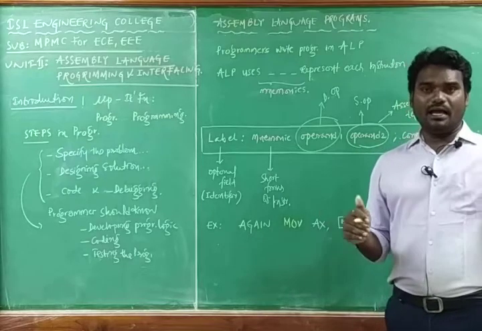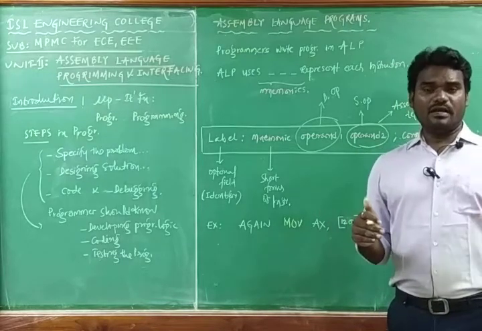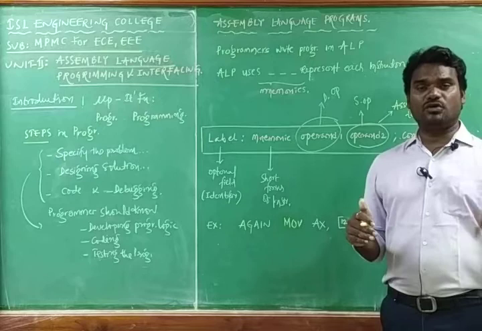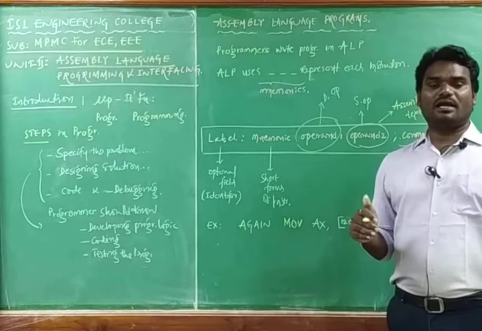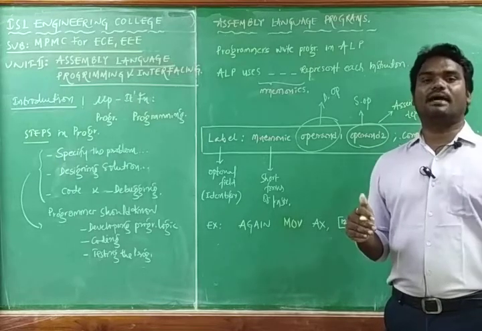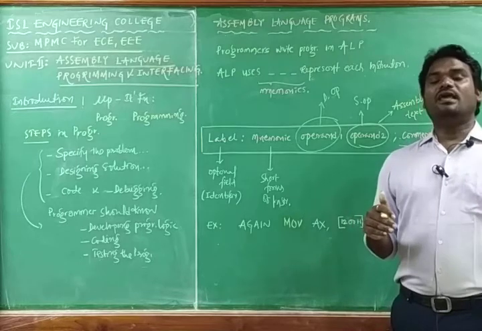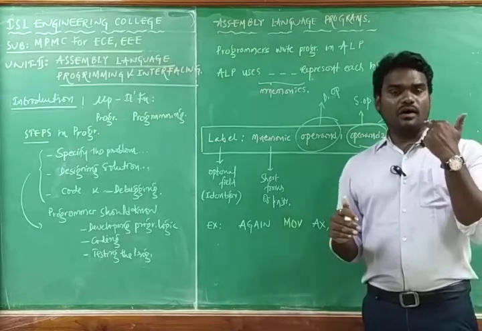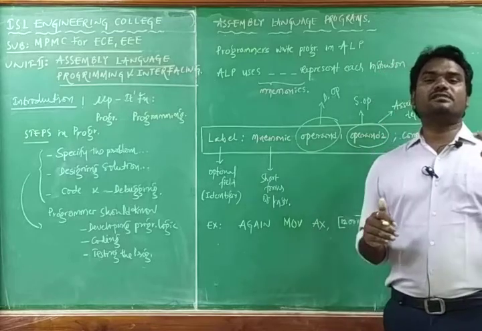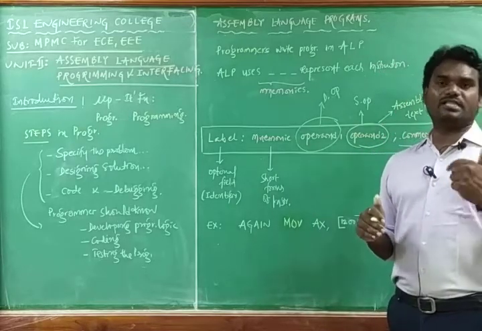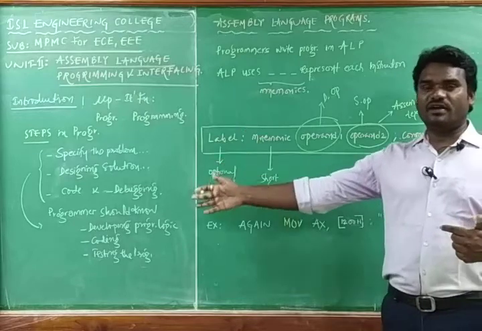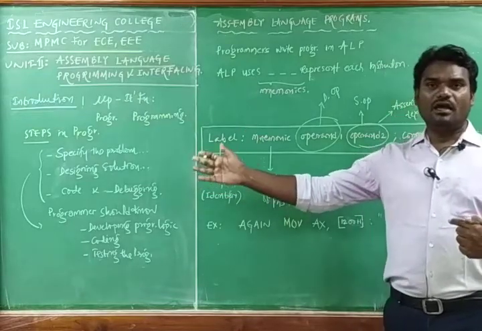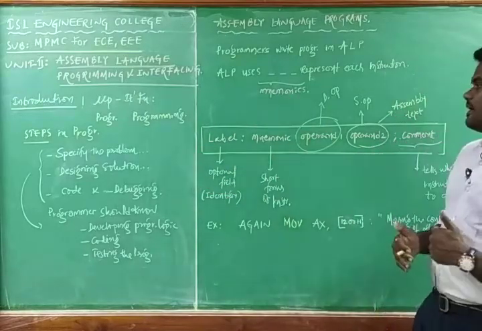In writing the program, the programmer should know exactly what the problem is and what task has to be completed by the processor. Second, he must be able to develop the code, to write the program, and next, he must be able to test it. That is the task to be fulfilled by the programmer.